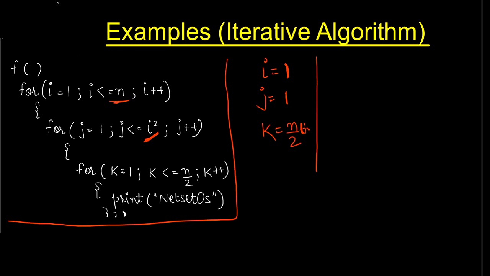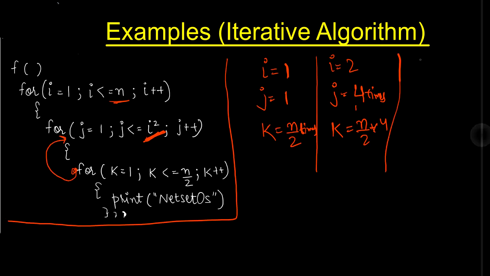Let's write the times also. Now when I is equal to 2, j will run for 2 square times, that means 4 times. And k will run for n by 2 for 4 times, as this loop is within j.